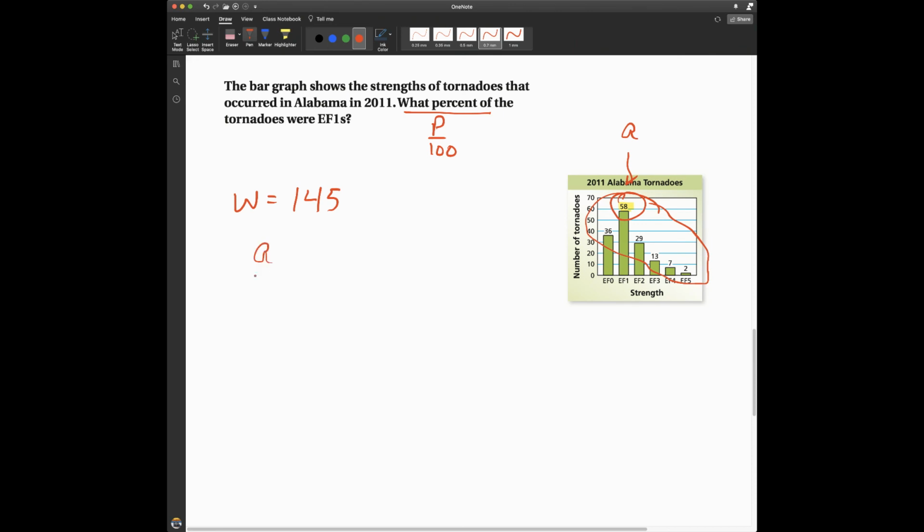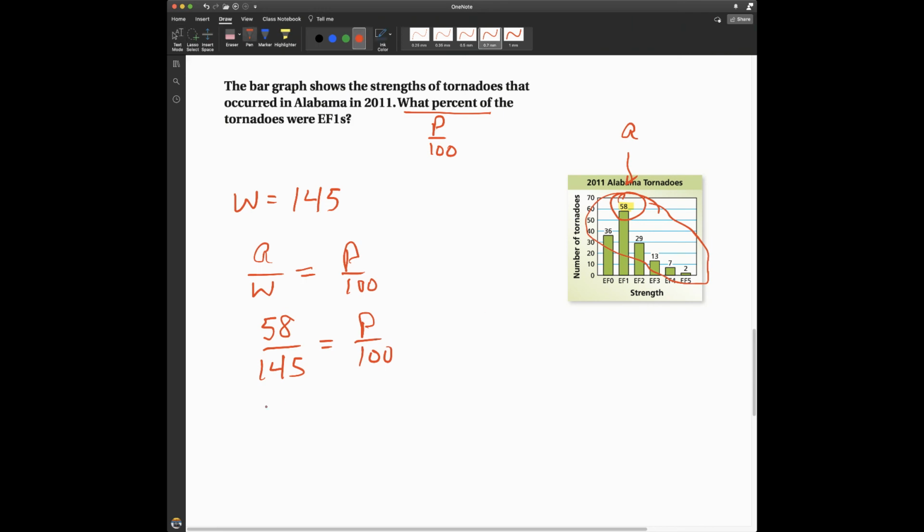So my formula, part over whole equals percent over 100. And the part is 58. The whole is 145. And this equals my percent over 100. So on my calculator, I figure out what is 58 divided by 145.